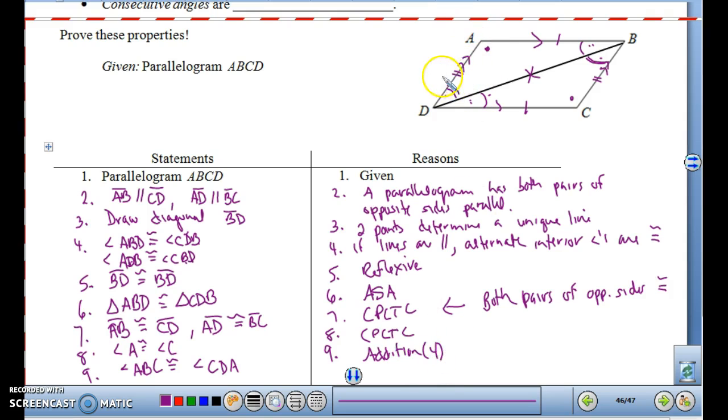So I have just proved that this angle and this angle are now congruent. They're opposite angles. So numbers 8 and 9, I have proved both pairs of opposite angles are congruent. So that's also true.